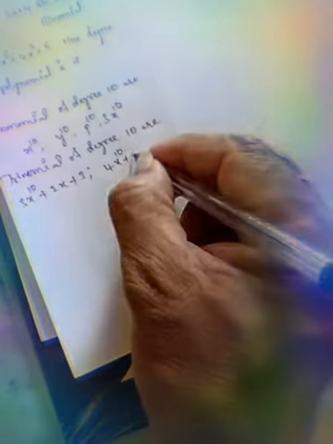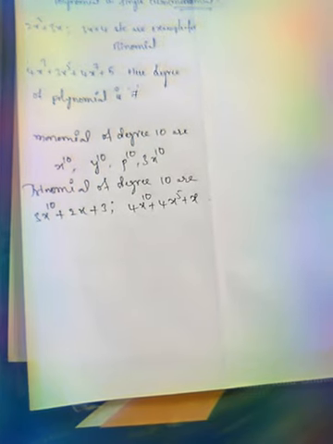Next, 4x power 10 plus 4x power 5 plus x. As you wish, you may write. How many are you asking here? Give one example only you are asking. Write in your own words. Not only this, in your own words, you have to write the example of trinomial and monomial of degree 10.